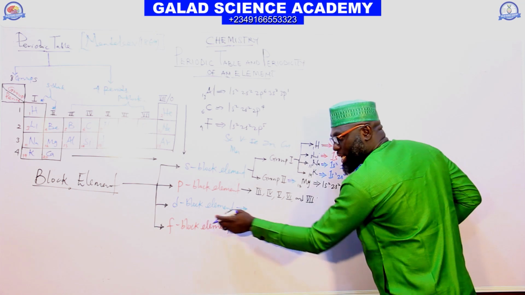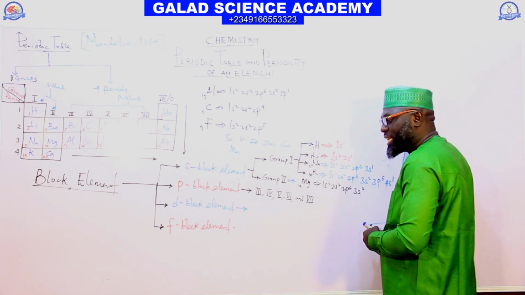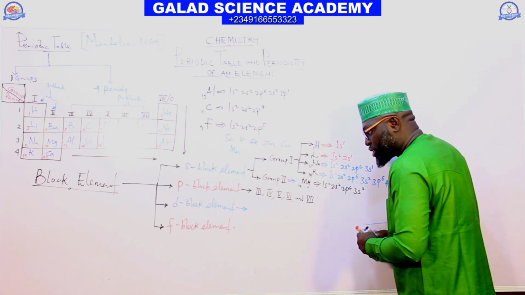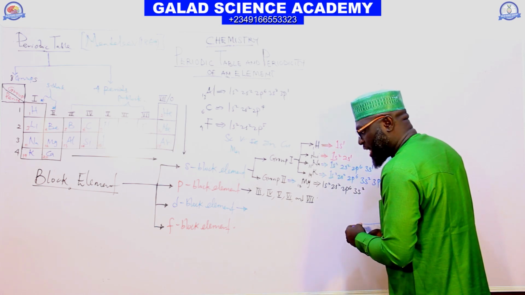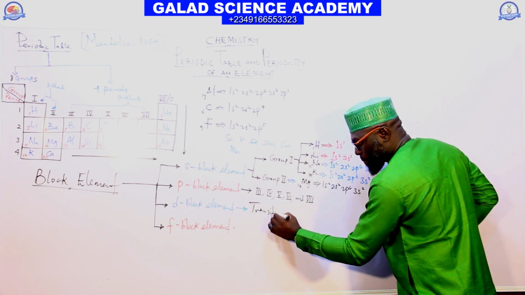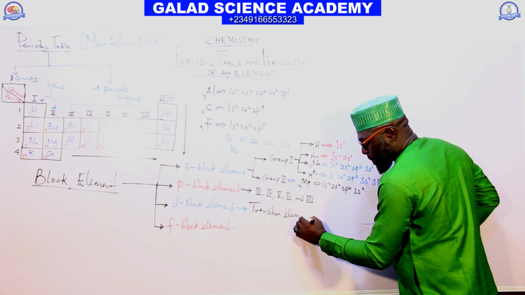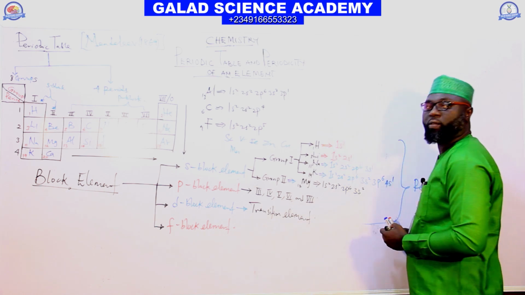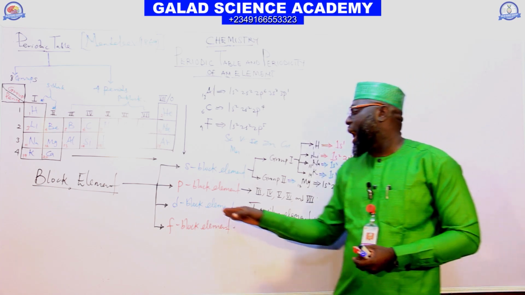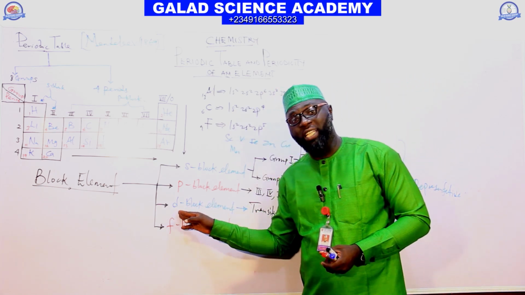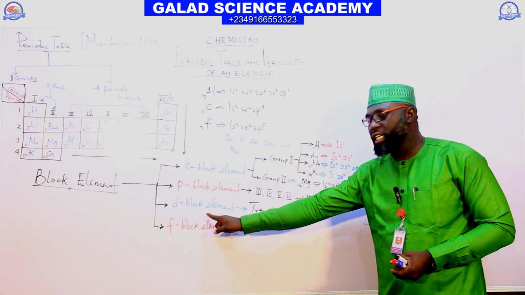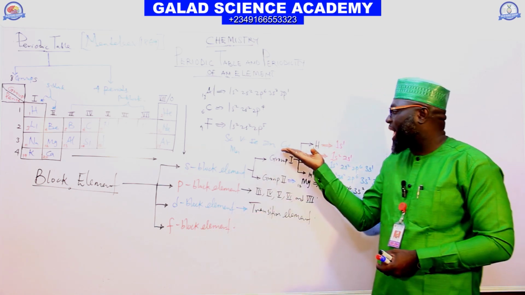These D block elements are transition elements. So all transition elements are D block elements, because their valency electron can be found at the D block.